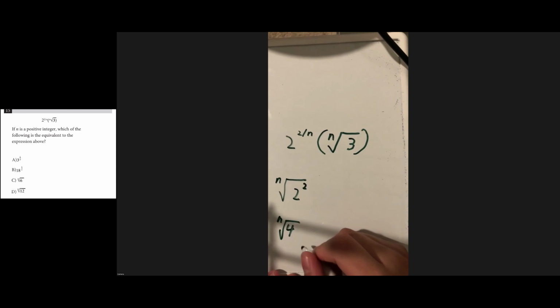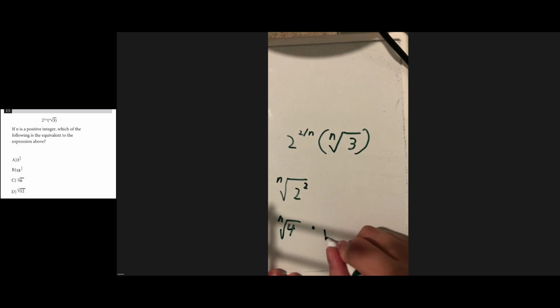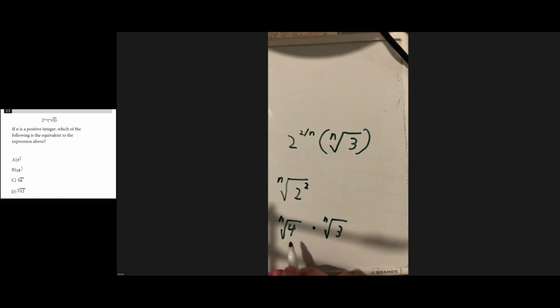So we have the nth root of 4 times the nth root of 3. And since they're both to the same power, we can multiply them, which gives us the nth root of 12, which is answer choice D. So 12 to the nth root.